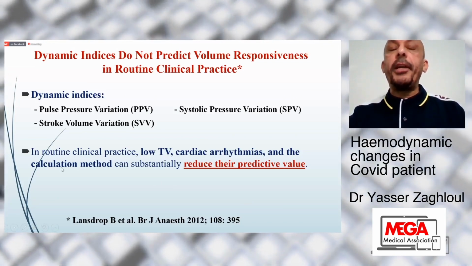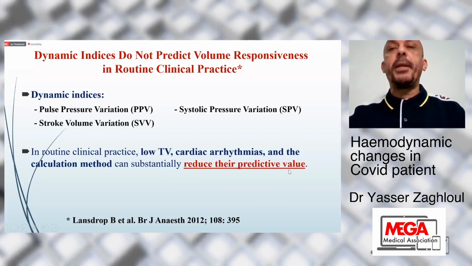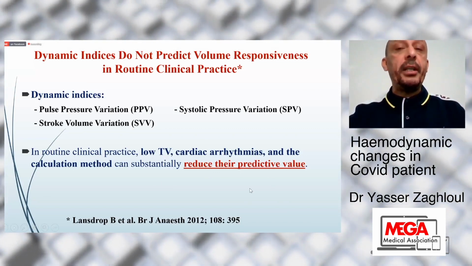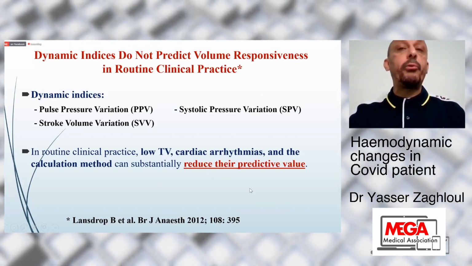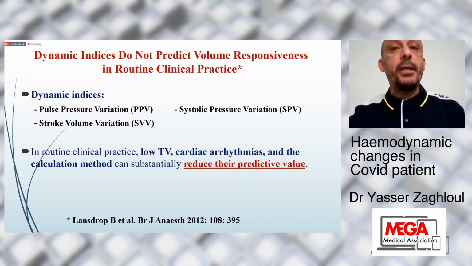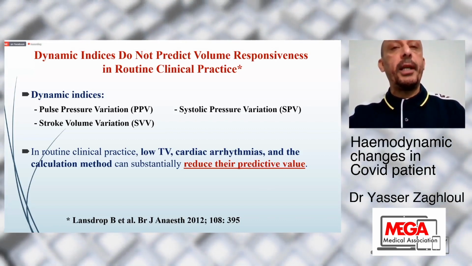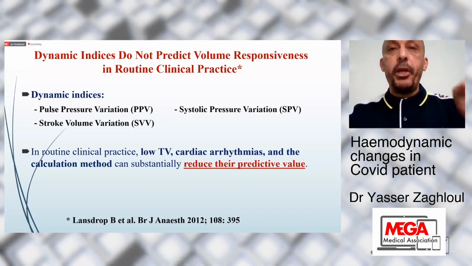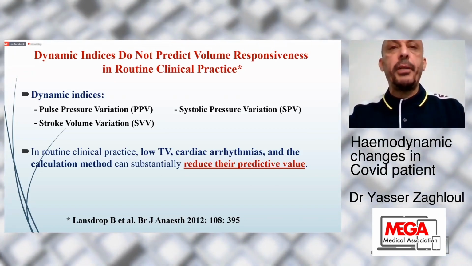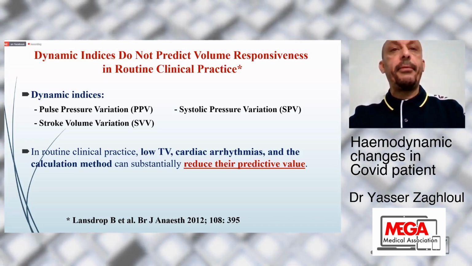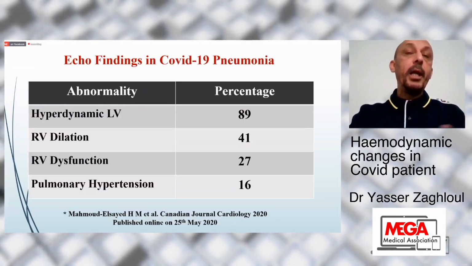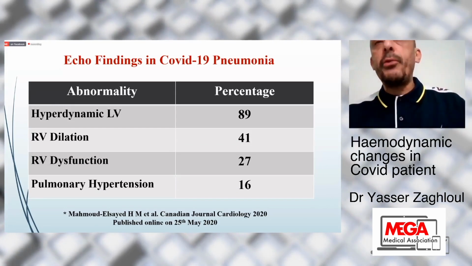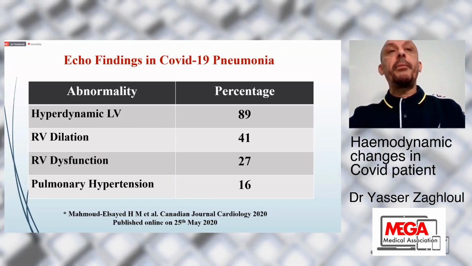Cardiac arrhythmia or calculation methods reduce their predictive value. Actually, it is a very difficult situation to assess fluid responsiveness in patients with right ventricular dilatation, especially if you don't have echo to measure the right ventricle pressure, volume, inferior vena cava, and superior vena cava. Anyway, if the patient has COVID pneumonia, this is defined by echo.